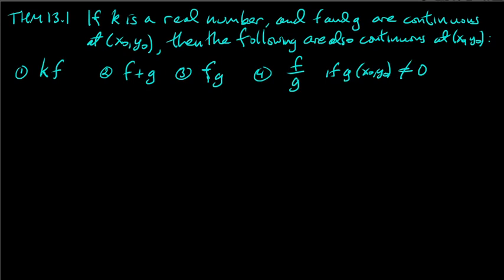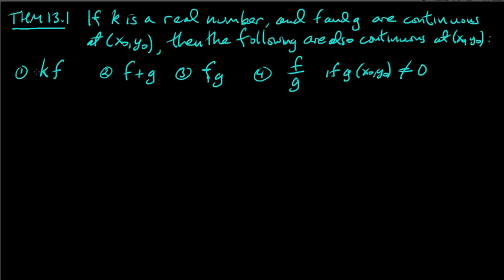Okay, so our first theorem of the chapter, I think, Theorem 13.1. Suppose k is a real number and f and g are two continuous functions. So they could be continuous at a point, x0, y0, or they can be continuous, say, on an entire domain, or let's say on a disk or something. Then the following are also continuous at that point or on a disk.